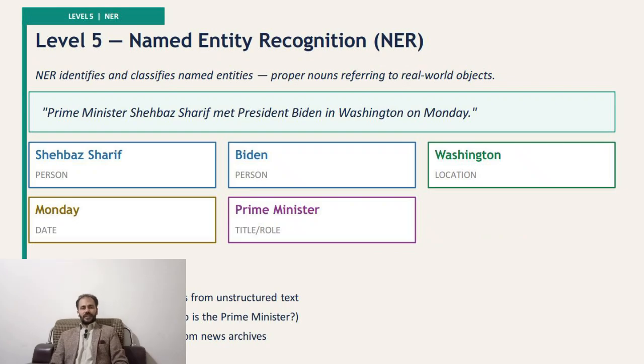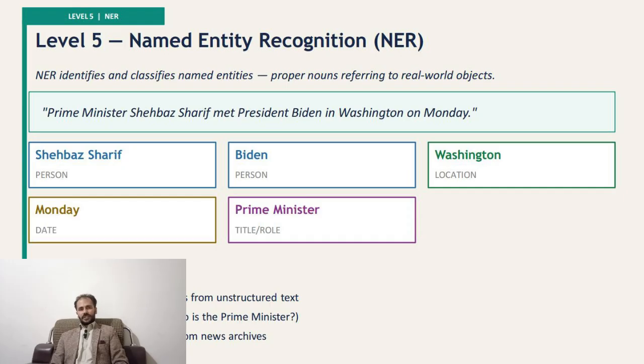Level 5, Named Entity Recognition, NER. Named Entity Recognition, or NER, is the task of identifying and classifying named entities in the text, proper nouns that refer to real-world objects. The standard categories include persons, organizations, locations, dates, times, monetary values, and percentages.